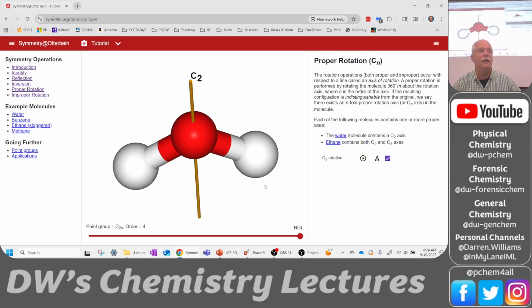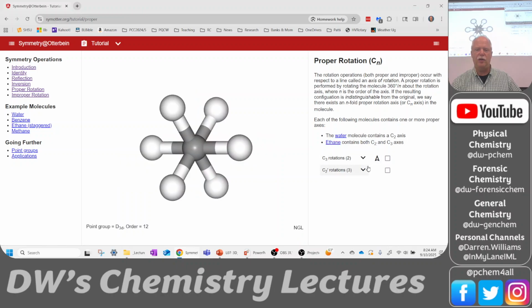Yes? Why doesn't it go backwards like the other? It's a good question, because those two operations are identical. If it goes clockwise or counterclockwise, there's no difference. Whereas on the ethane molecule, if we go clockwise, watch this hydrogen here.